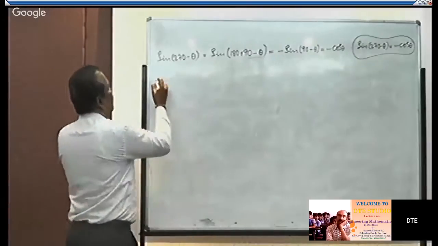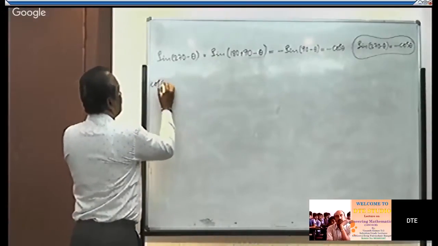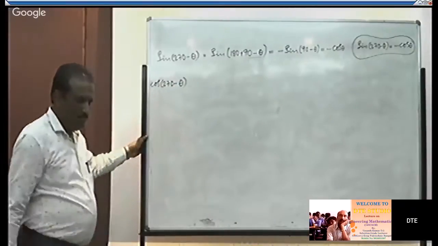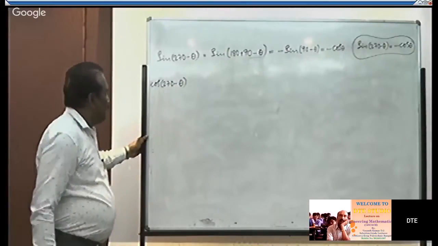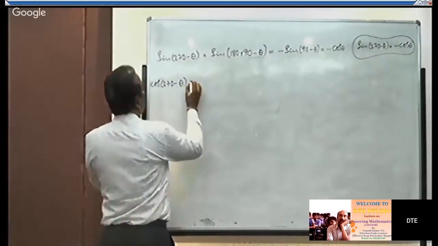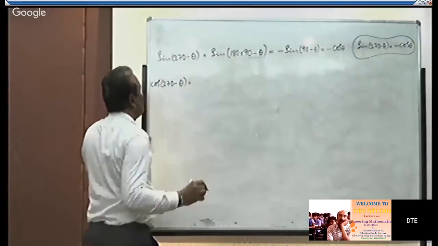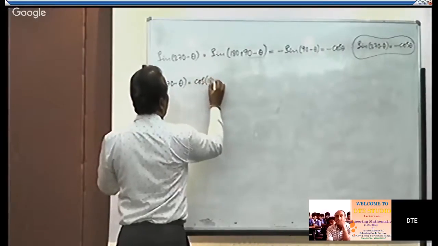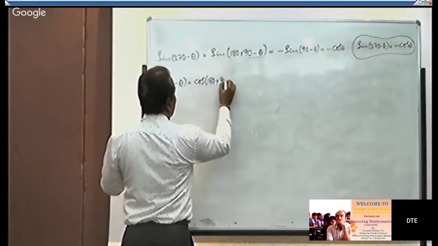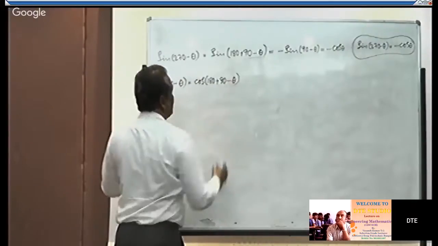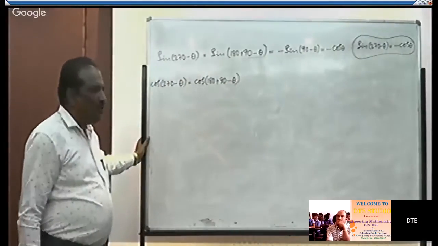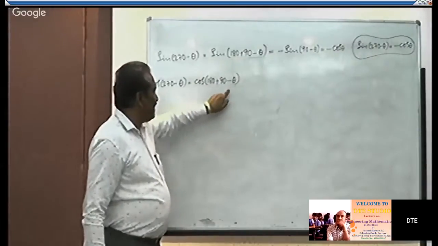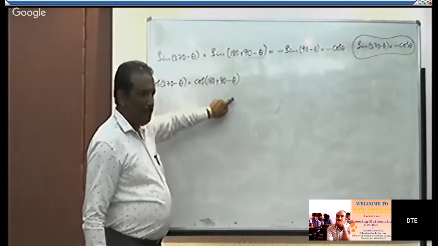Now, cos of 270 minus theta is equal to cos of, as usual, you can split the 270 as 180 plus 90, and write minus theta as it is. Now assume 90 minus theta as theta. It becomes cos of 180 plus theta.